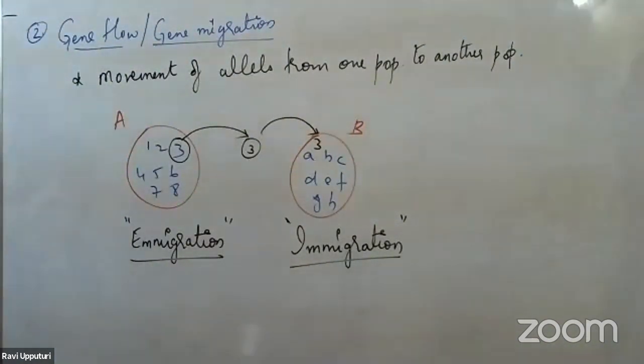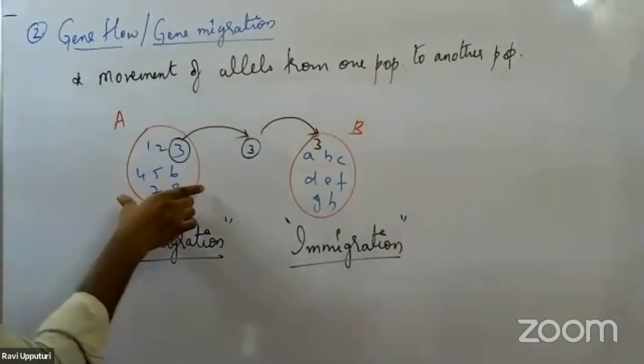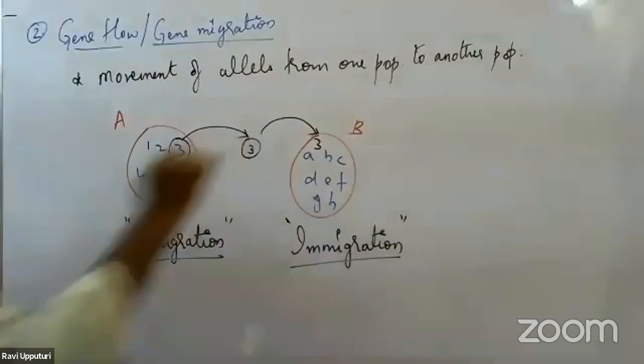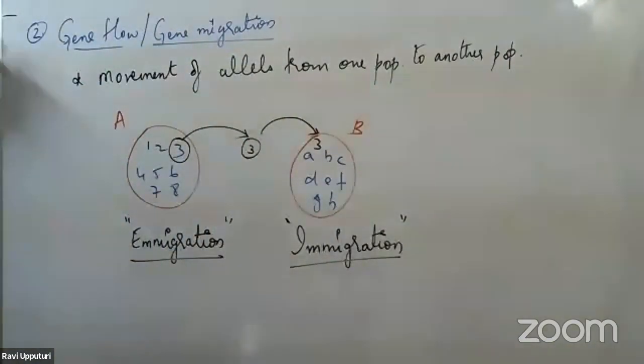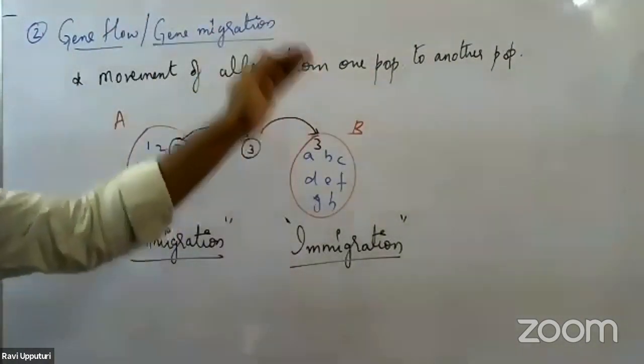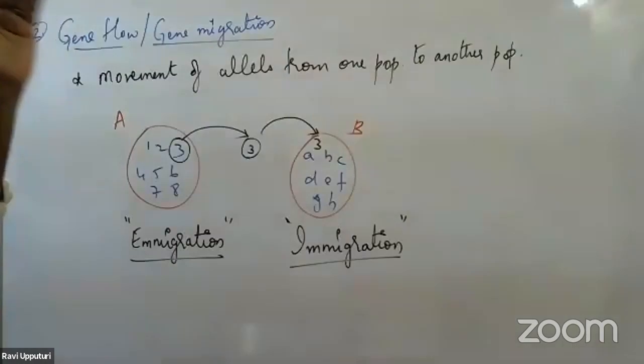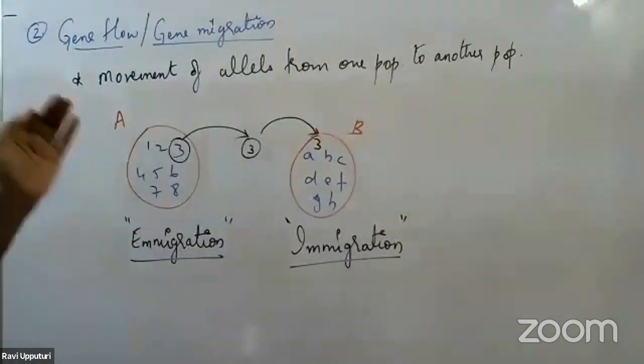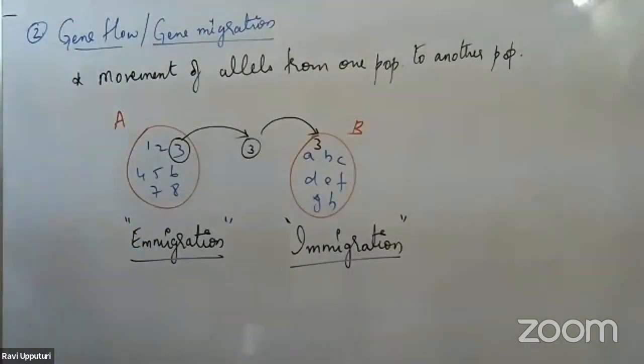This again brings about changes in the gene frequency in both population A as well as population B. So this is what we call gene flow or gene migration. It is nothing but the movement of alleles from one population to another population, called gene flow, or it is also called gene migration.